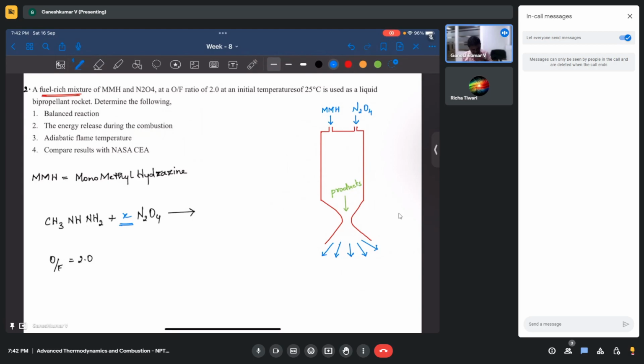Now my question is, what would be these products? What are the combustion products I should assume, or what combustion products will be there?